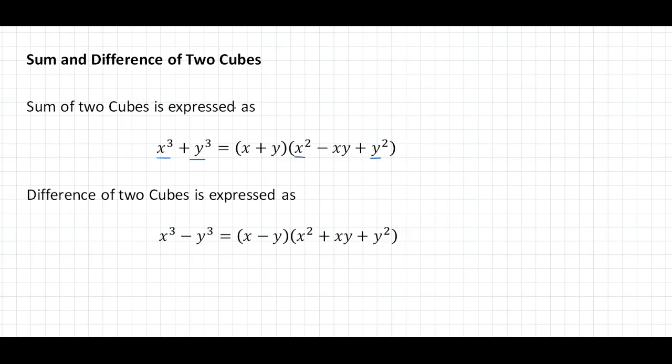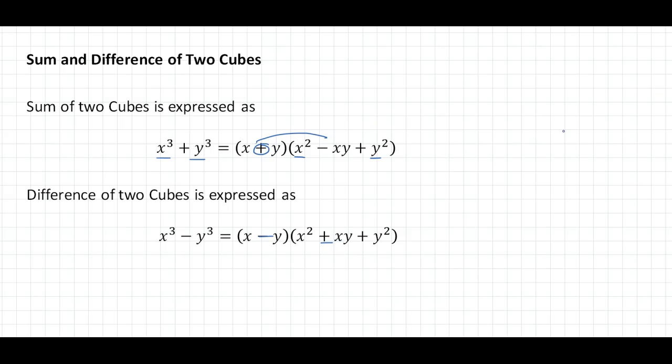So if you observe, when you have a sum of cubes, your plus sign here represents the sum, and then you always change the sign in front of xy. So you notice that they always alternate. And then when you have x cubed minus y cubed, your sign here shows that there's a difference, and your sign in the middle here alternates.